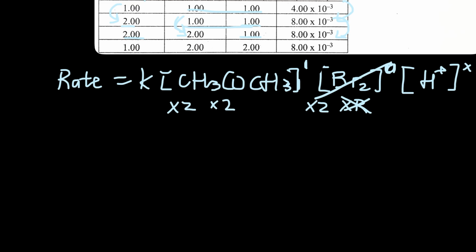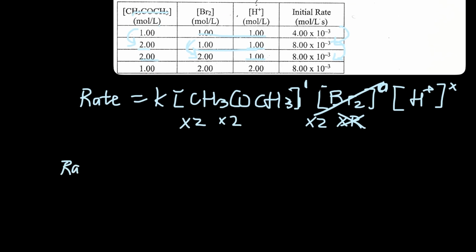You would do a rate ratio between 2 experiments, and which experiments can be whichever, but it has to be an experiment where the concentration of the thing you have at present is changing, whether that be products or reactants. Hydrogen plus is changing here, so we're going to use experiment 3 and 4 for our ratio. So you can say rate 4/3, or you can say rate 3/4. It'll be the same result.